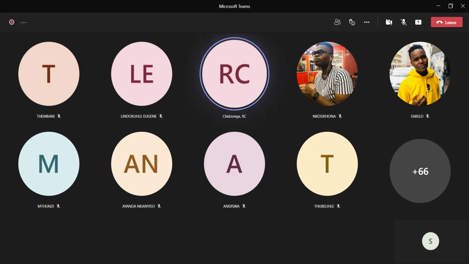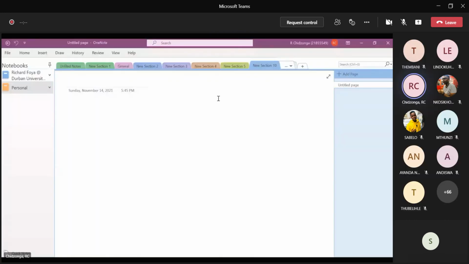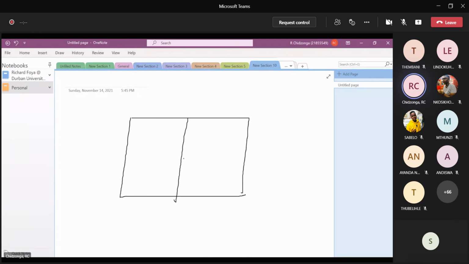All right, so let's share that. Okay, here is our drawing window again. Let's draw the window pane. It has got 4 panes, it's like this, right?